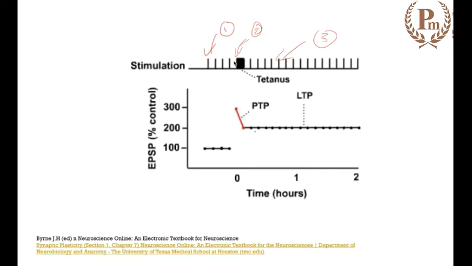So it is going to respond very quickly to the impulse which will come from the presynaptic end. And this increase in the EPSP that you get, which is going to be present for a long period of time, we call this long-term potentiation. LTP stands for long-term potentiation.